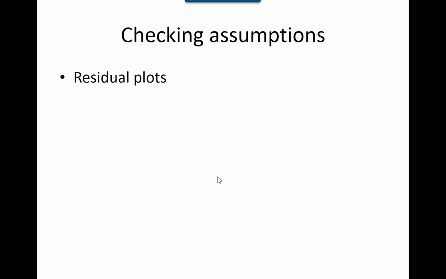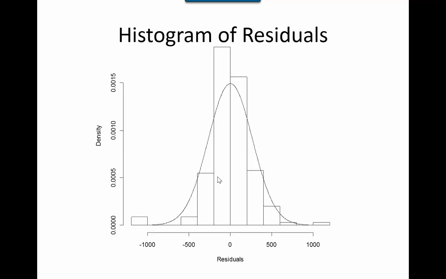The way we check most of them is by graphically examining plots of the residuals. The residuals, recall, are the deviations between the average value of y predicted by the model and a particular observation, the little e sub i's. One easy way to do this is to look at a histogram of the residuals.